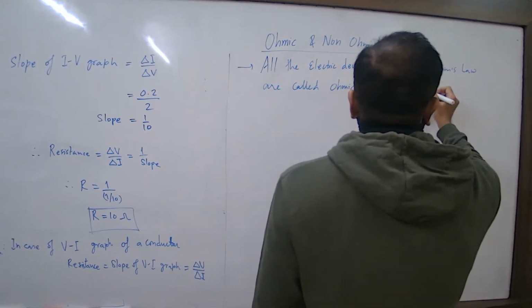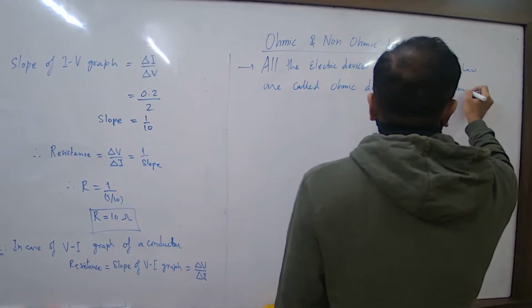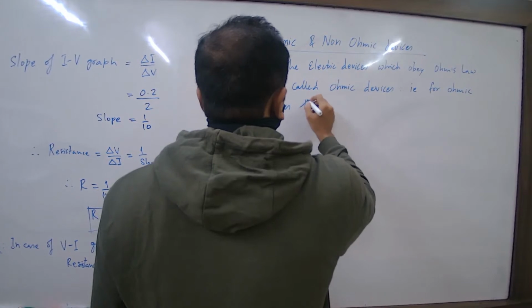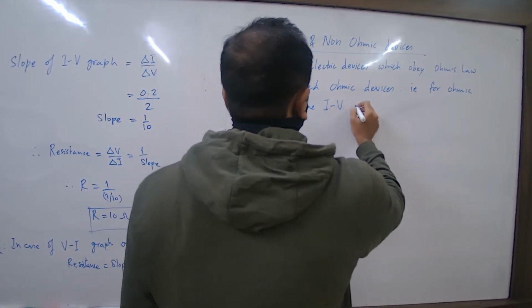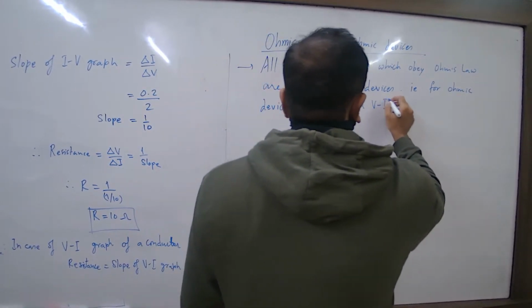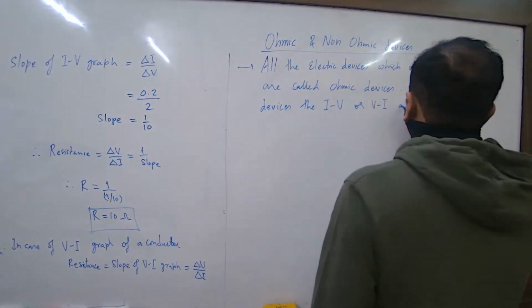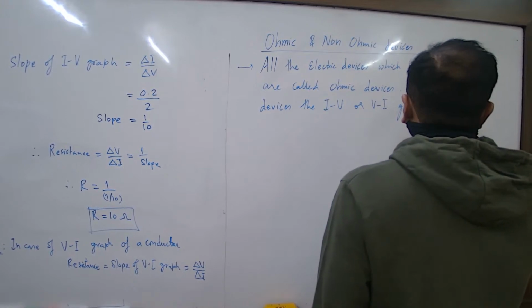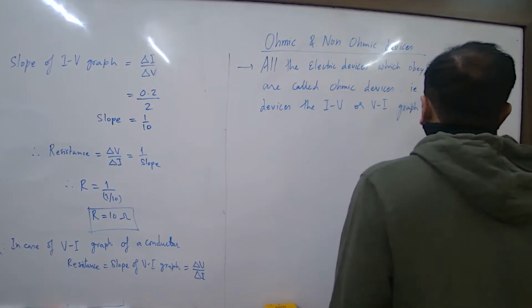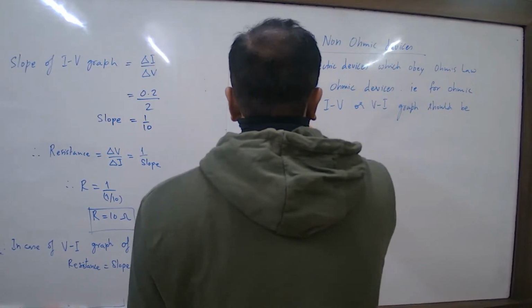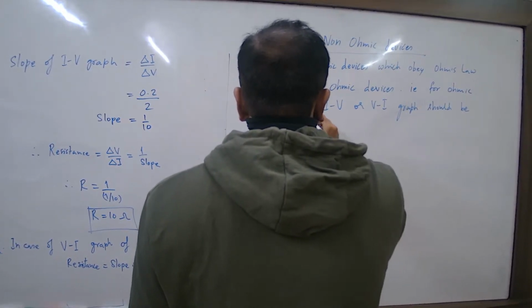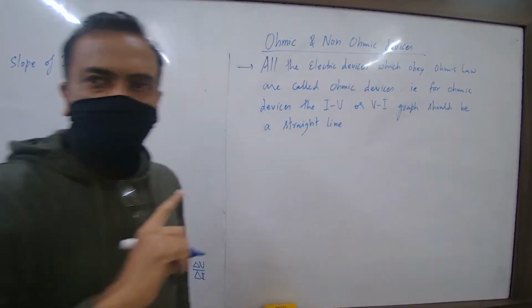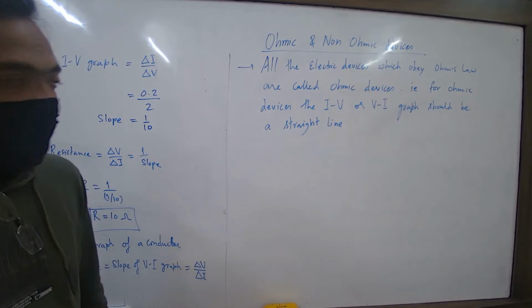That is, for ohmic devices, the IV or VI graph should be a straight line, showing a direct relation between current and voltage.